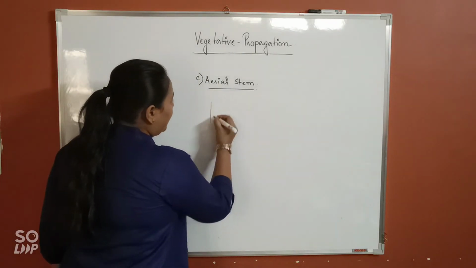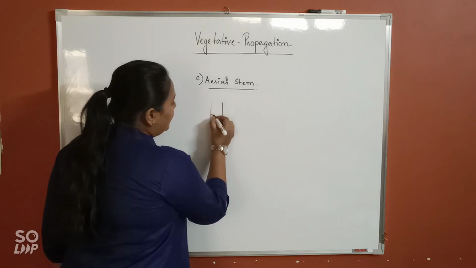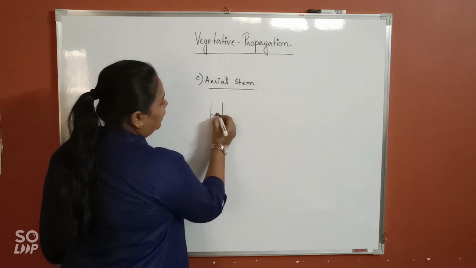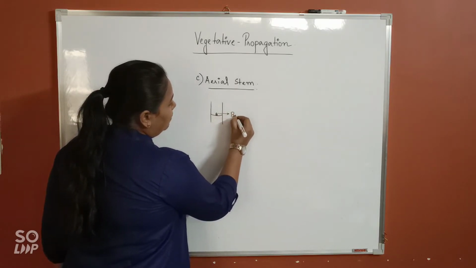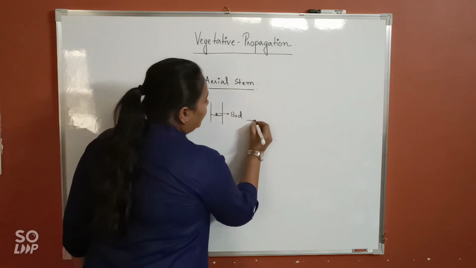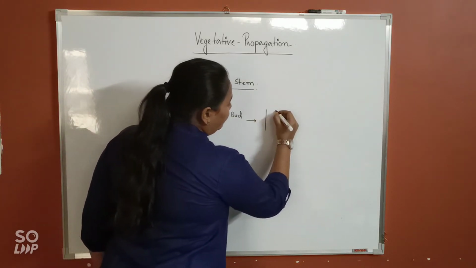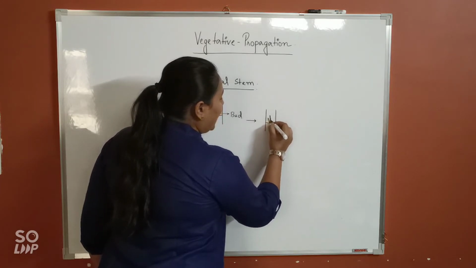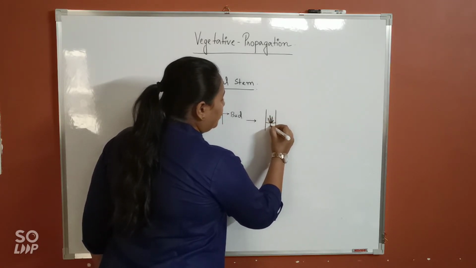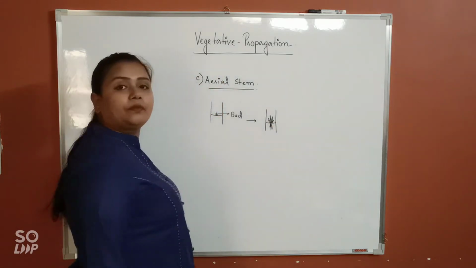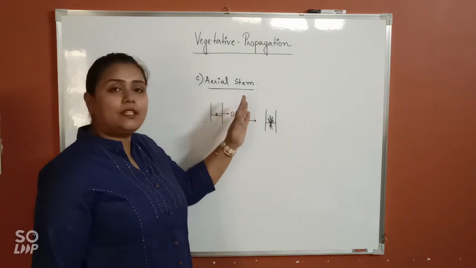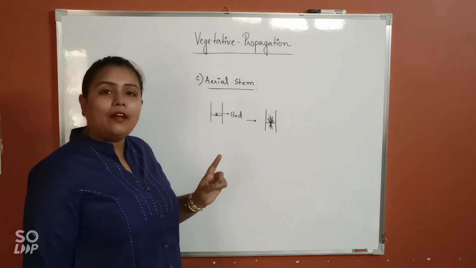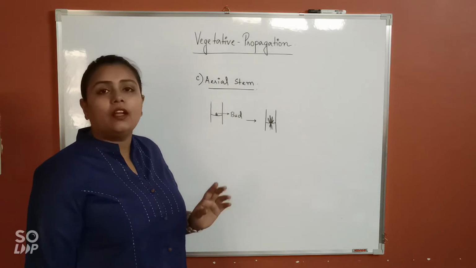Suppose this is sugarcane, this being a single node and it bears a single bud. Now this bud under favorable conditions would give rise to a new plant. So in that case, each segment of the stem having a single node will be able to bear a new plant.